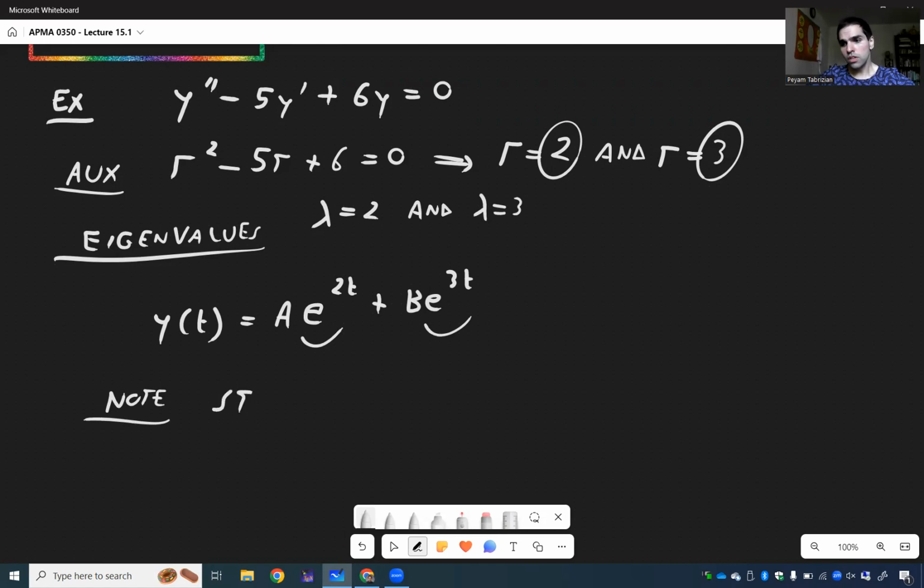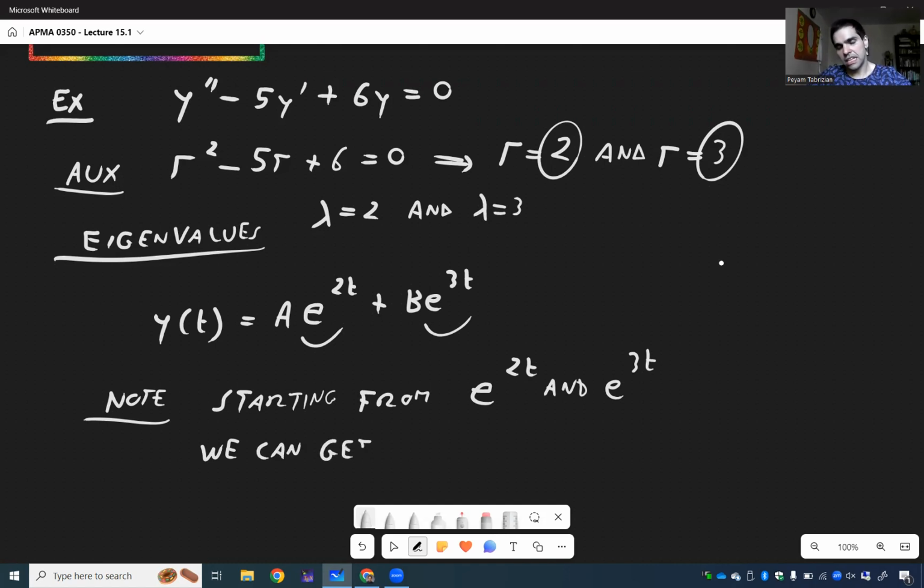Starting from e to the 2t and e to the 3t, and only using addition and multiplication, we can get the general solution: y equals a e to the 2t plus b e to the 3t. So this is sometimes called a linear combo.